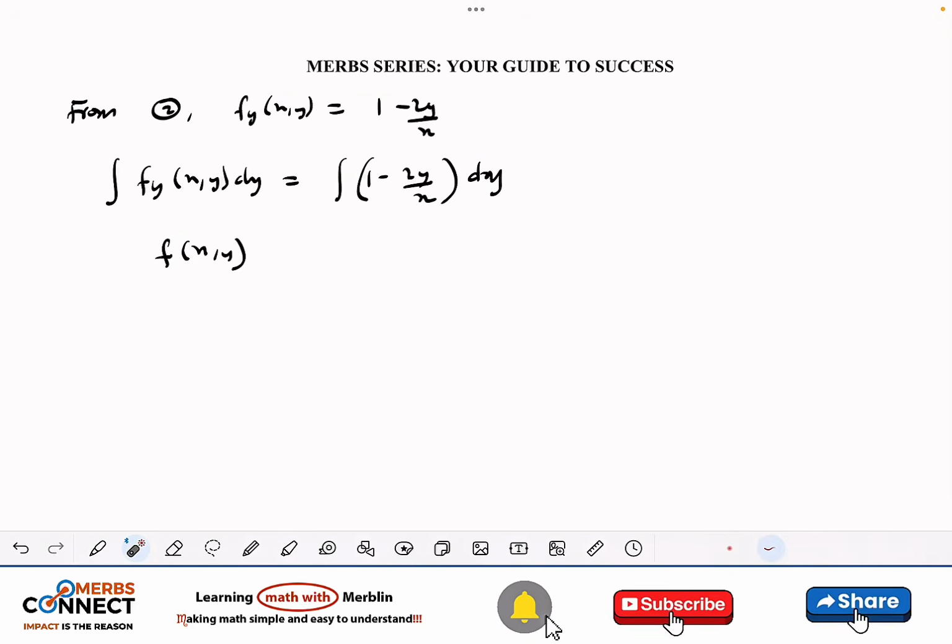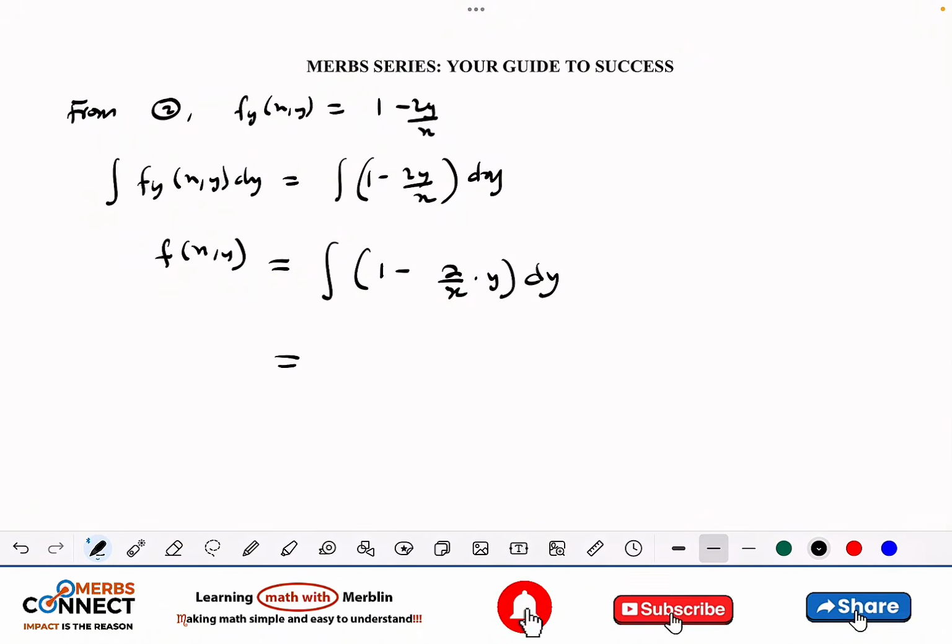So this differentiated, integrate, the function comes. And then I can write this one as this one. Let me just write it for you to see. This is the same as the integral of 1 minus 2 over x times y dy. So now when I integrate a constant, I just multiply by y.